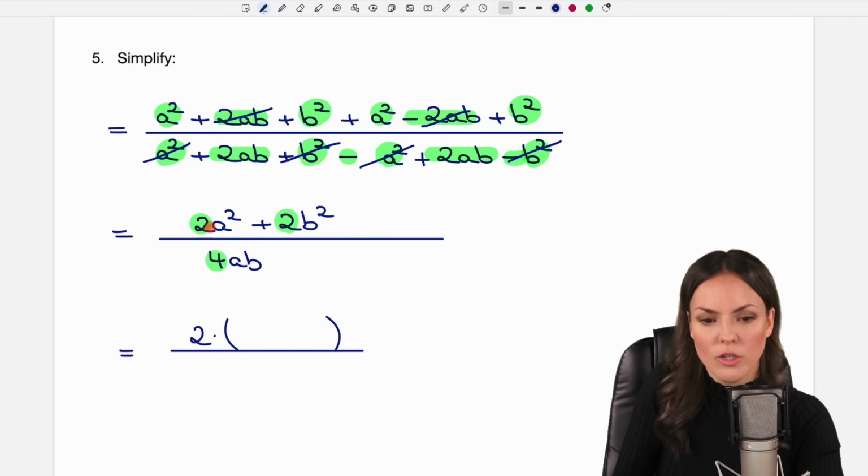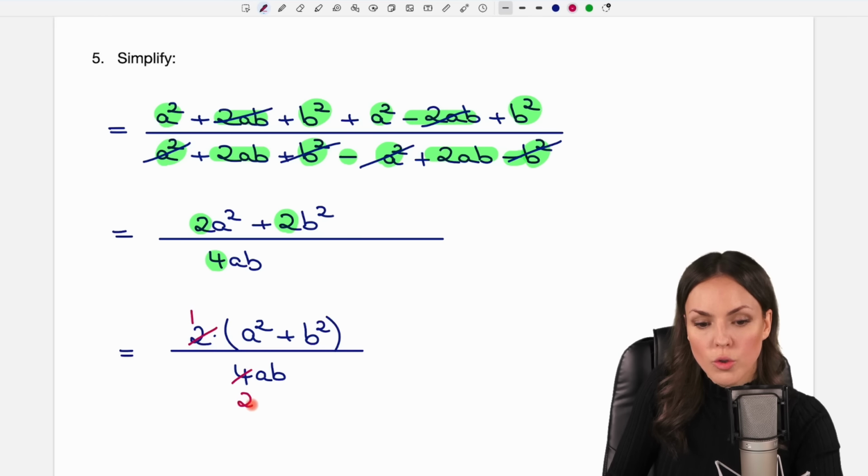If we factor out the green 2, we only have a squared in here, then the 2 at the plus. And if we factor out this 2, we have the b squared in here. And we have the 4ab here. And now let's cancel the 2 out. So 2 divided by 2 equals 1. 4 divided by 2 equals 2.